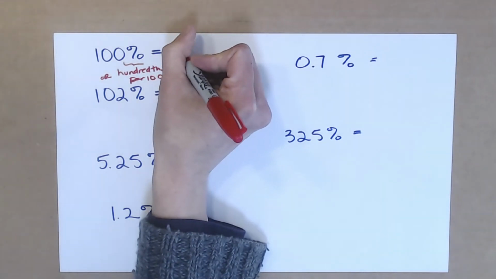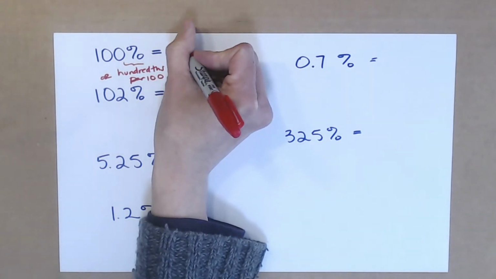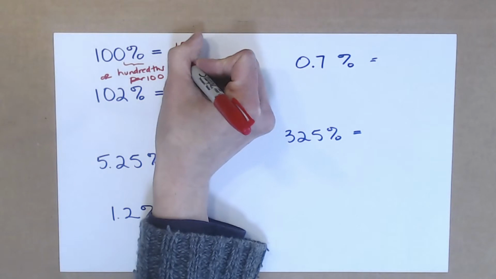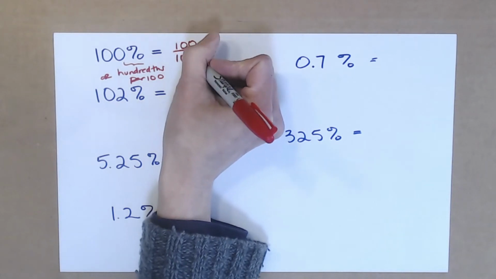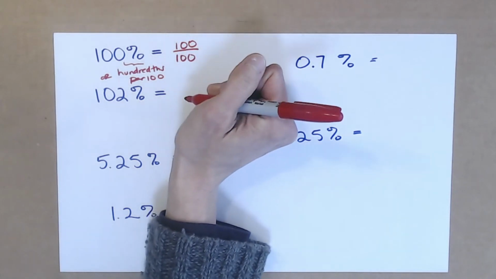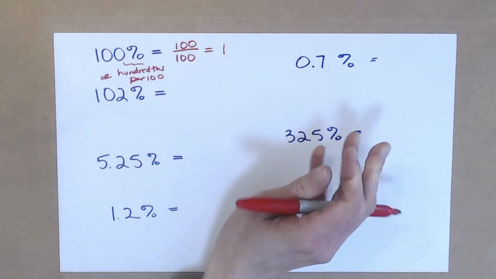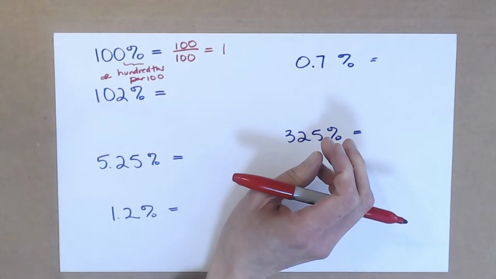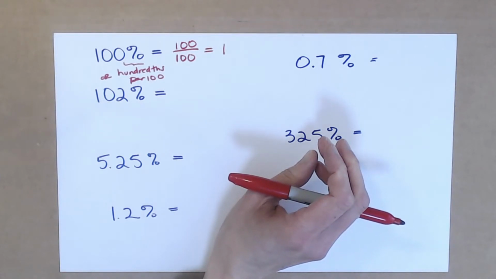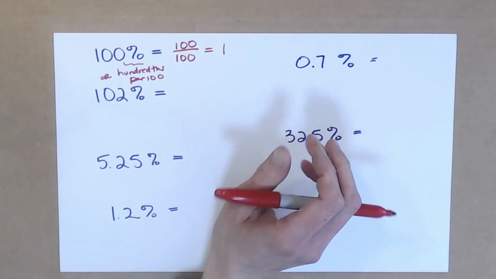And we think of that maybe first in fraction form. So 100% is 100 out of 100, 100 hundredths. And then in this case, we can just simplify that and that equals 1. So 1 is actually the decimal equivalent of 100%. 100% of something is one of it.